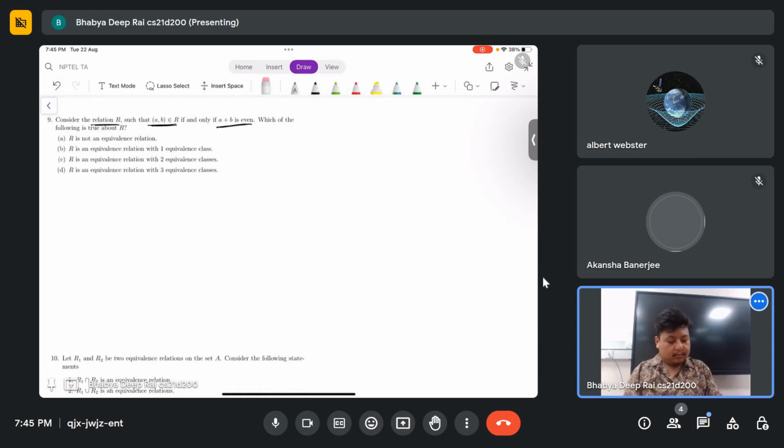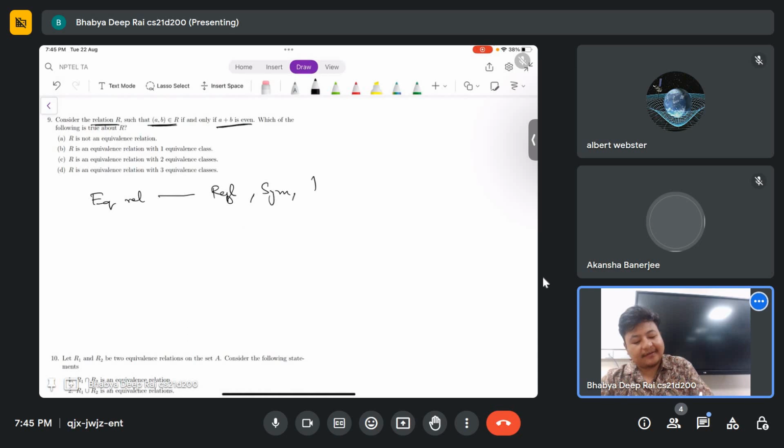So firstly, let's check whether this is an equivalence relation or not. For it to be an equivalence relation, it should be reflexive, symmetric, transitive.